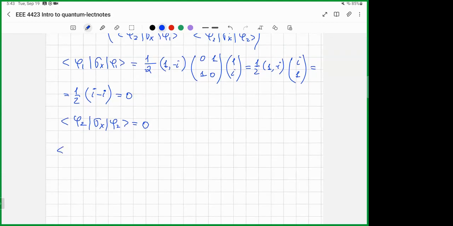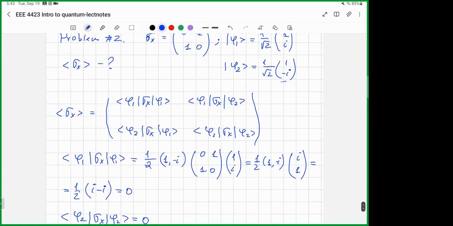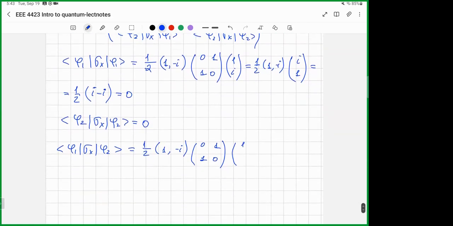The only cross elements, like phi1 sigma x phi2, right? So it is equal to 1 over 2, 1 minus i for the bra phi1, then the matrix 0 1 1 0, and for the ket we have phi2, which is 1 minus i.